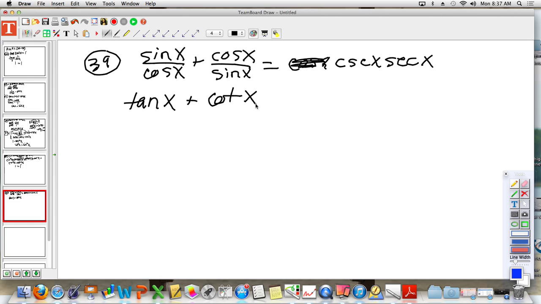What do we do with this now? Does anybody have any suggestions? We could write this now as the tangent of x over 1 plus the cotangent of x over 1.